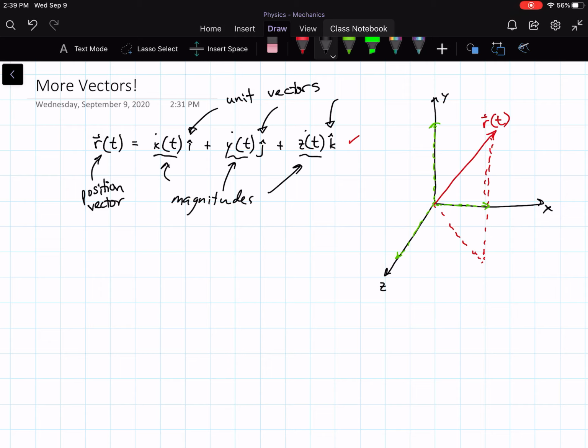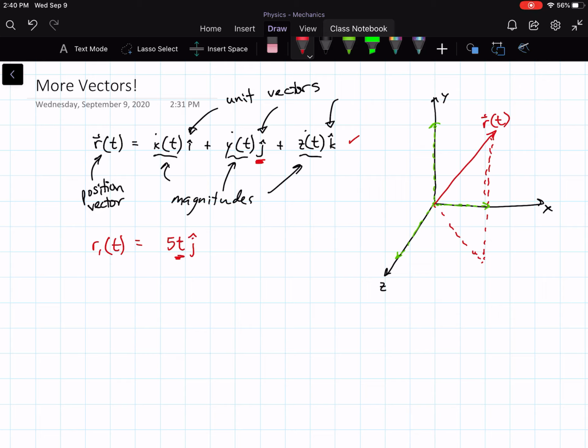So when you see, for example, a j hat on the end of some number, so if you were given, for example, r1 as a function of time is 5t j hat, right? That would tell you that the position of this object is linearly increasing in the positive y direction times 5.